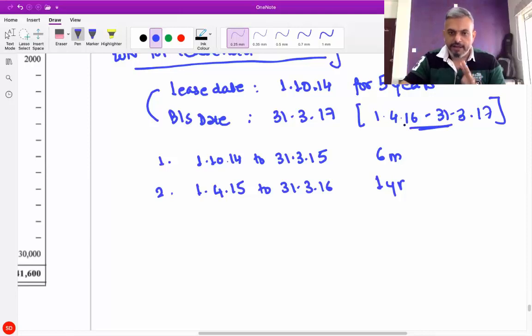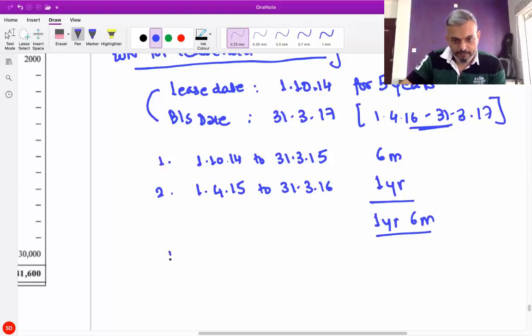write off the lease. It means up tak only 1.5 year or 1 year 6 months ka lease is written off. So lease written off so far is only 1.5 years.